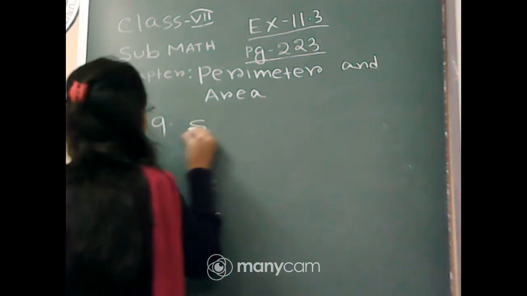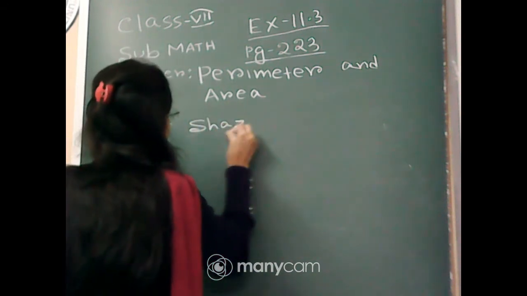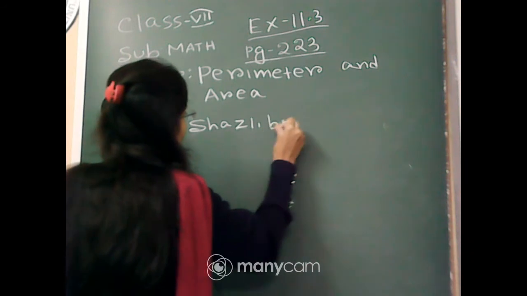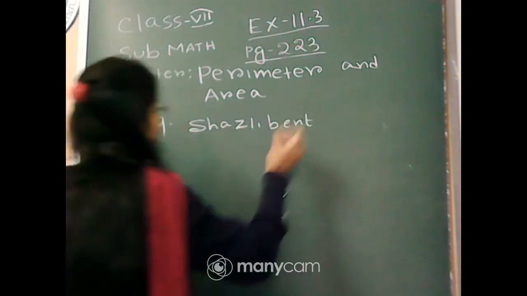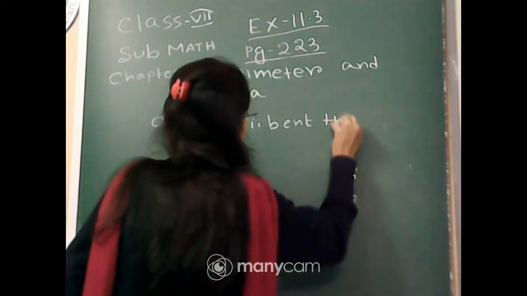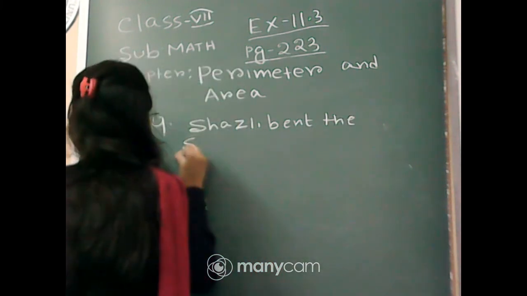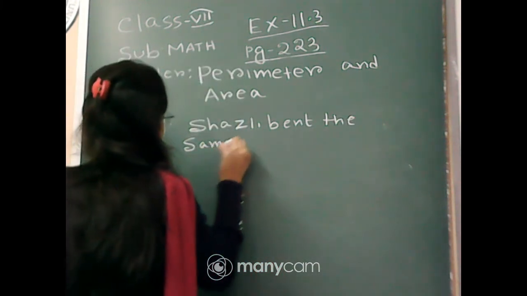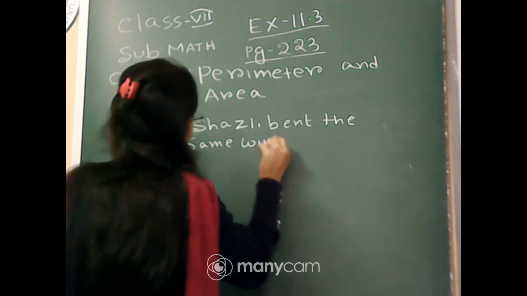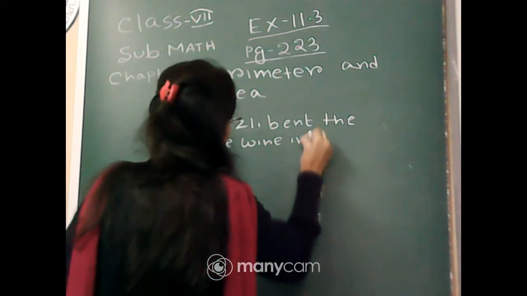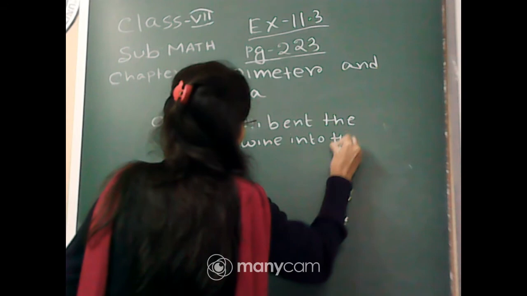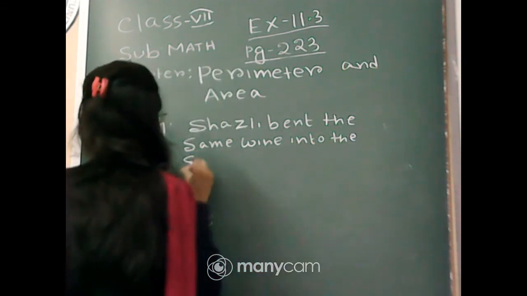Sajli bent the same wire into the shape of a square.